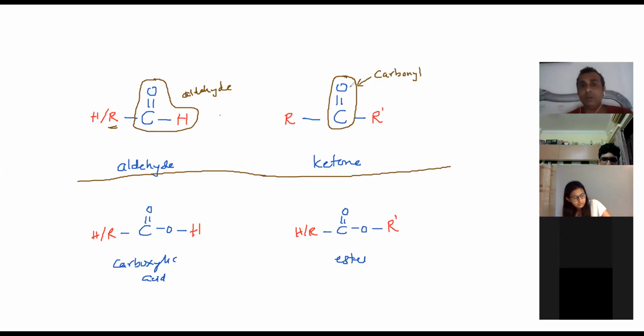Now in the functional group, the common part in all the acids will be this, because I'm making this side to be H only. I'm not giving any option. So I will include that H also in the functional group. So the functional group of carboxylic acid is carboxyl.